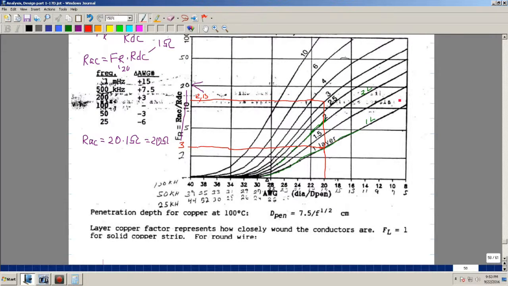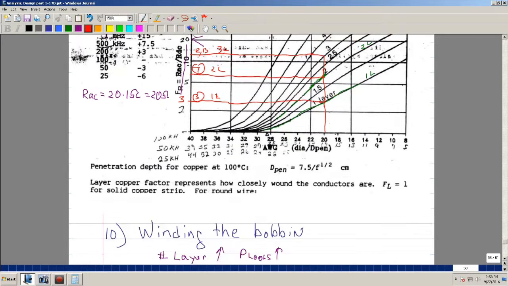Oh, sorry, I went to layer number 3. Here's layer number 2. That's 7. So this is 3 FR, that's 7. This is the first layer, second layer, third layer. So the second is 7.